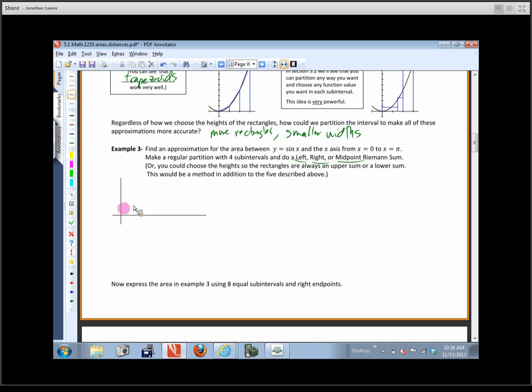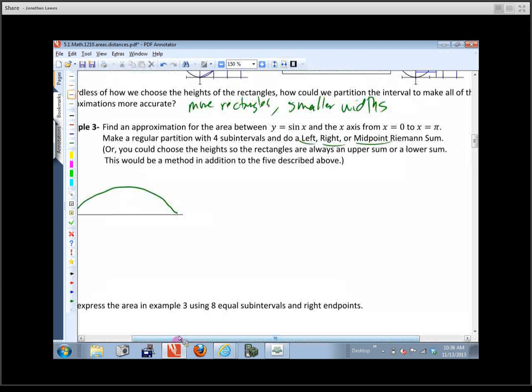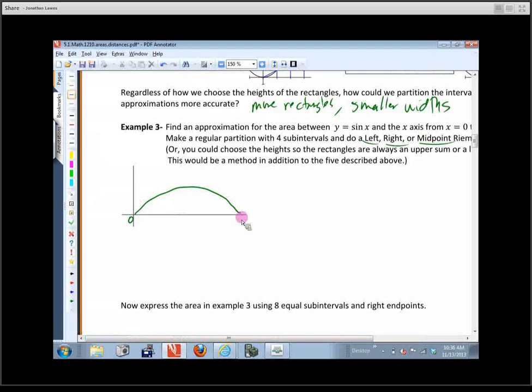So let's take a look at what we've got here. The graph for the sine function looks something like this. And we're going from 0 to pi. So if I'm going to make 4 equal subintervals, the width, delta x, remember the formula is b minus a over n. In this case, b, the right endpoint, is pi, the left endpoint is 0, and we're going to do 4 subintervals, so this is going to be pi fourths.